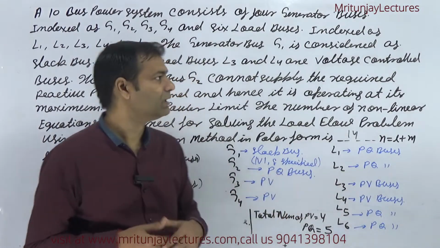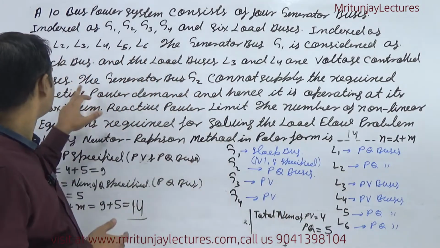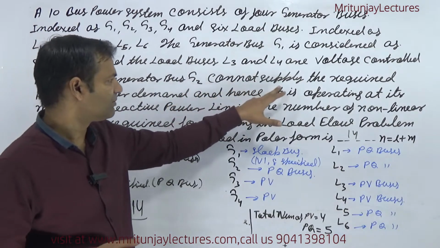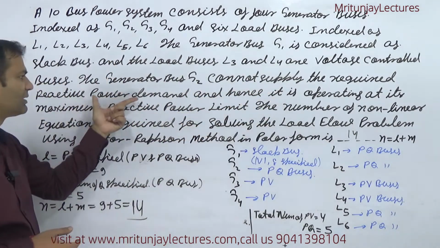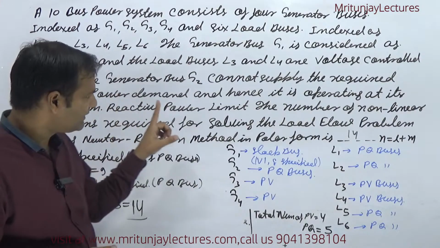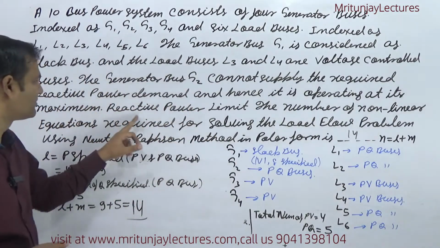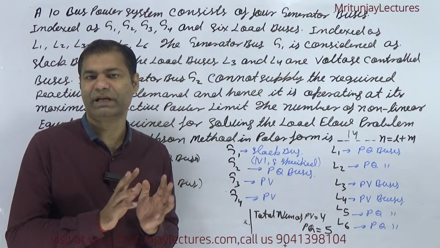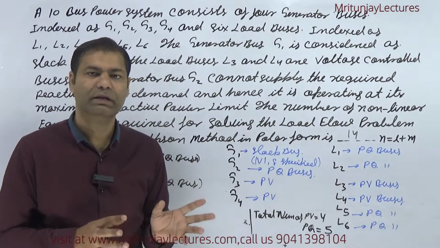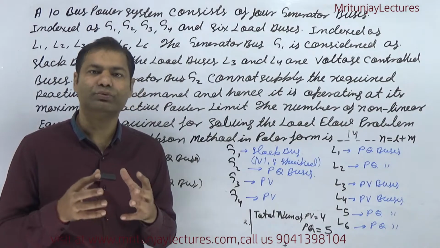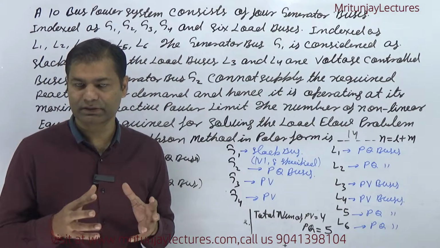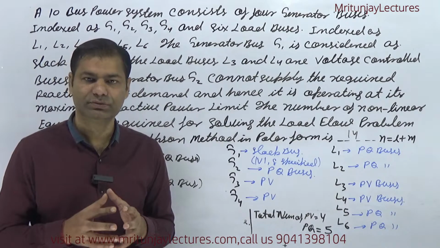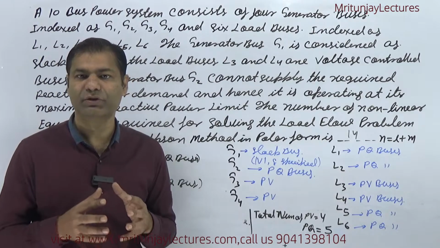After that, the generator bus G2 cannot supply the required reactive power demand, and hence is operating at its maximum reactive power limit. It means QG2 is not constant.